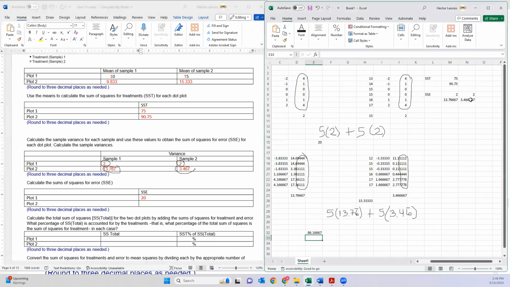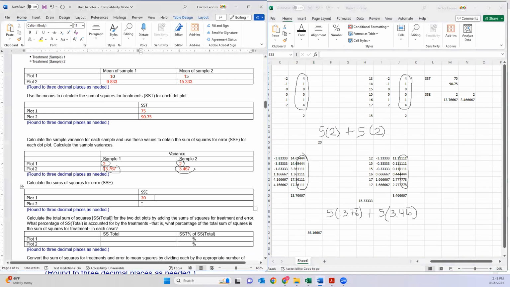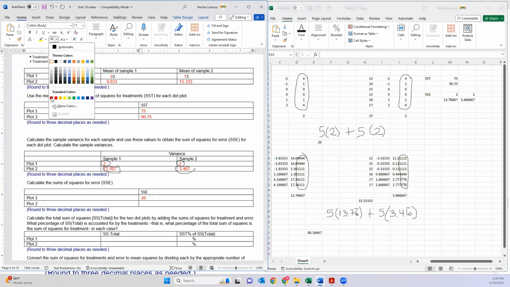So here I have rounded to 3 decimal places, right? So was that 86.167? 86.167. Okay.